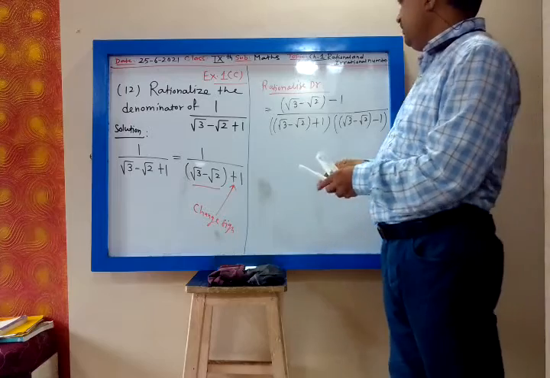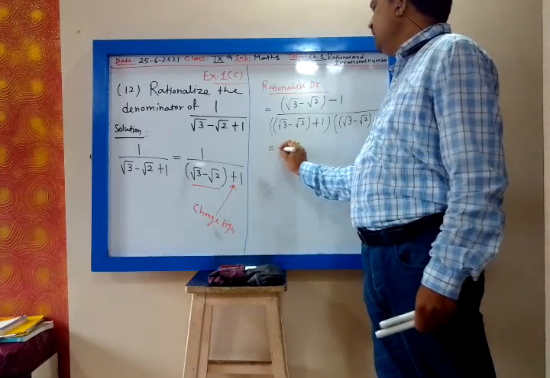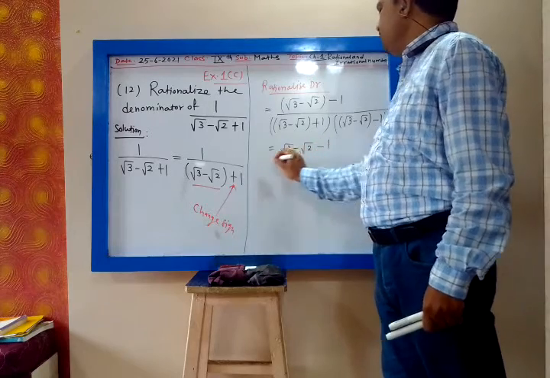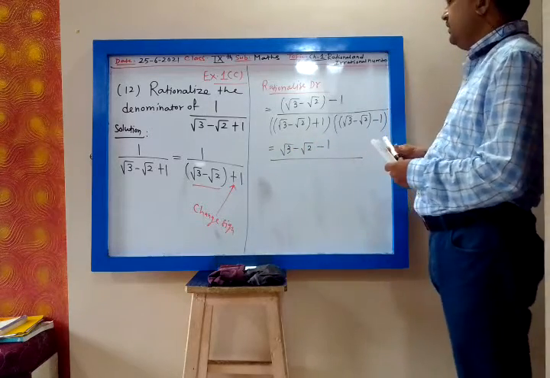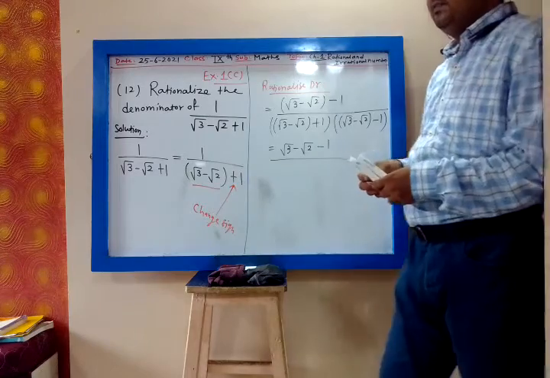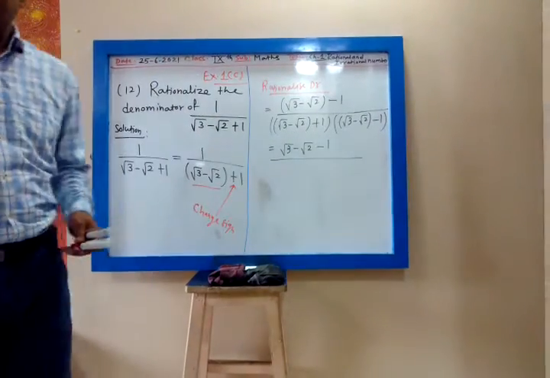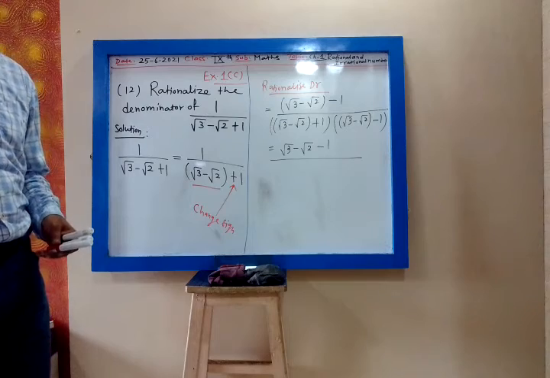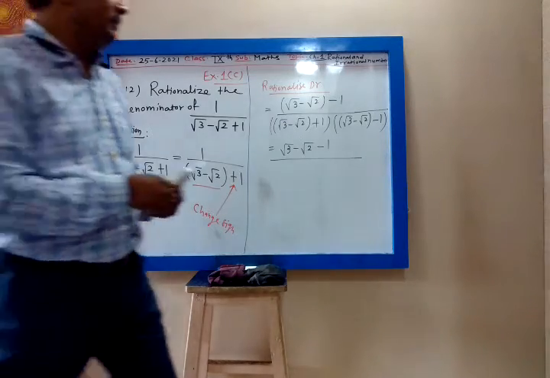So the numerator will be root 3 minus root 2 minus 1 upon, what is the denominator? It is a plus b into a minus b.